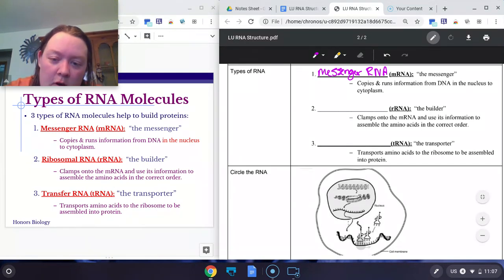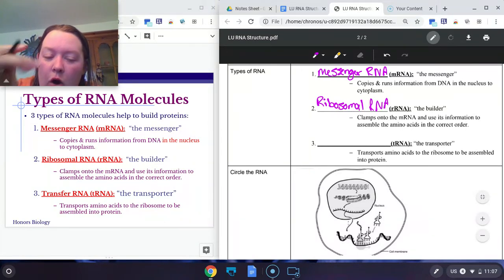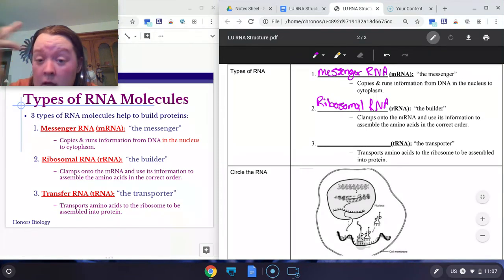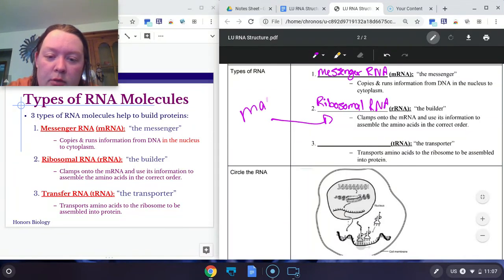The second type of RNA is called ribosomal RNA, and that is abbreviated rRNA. And this is the RNA that makes up the ribosome. So I'll write that out here. rRNA makes the ribosome.